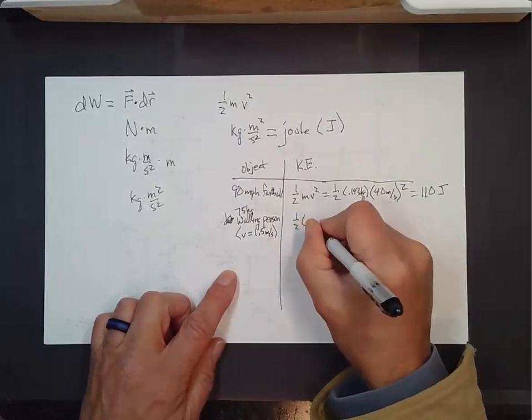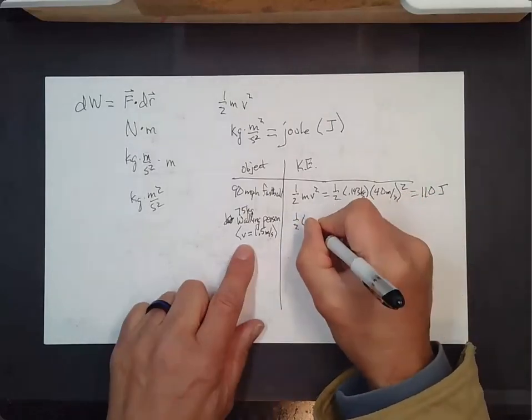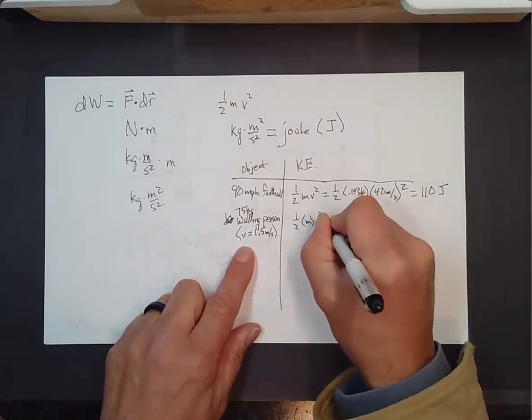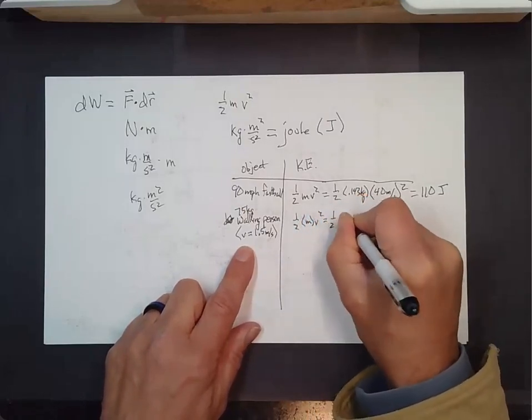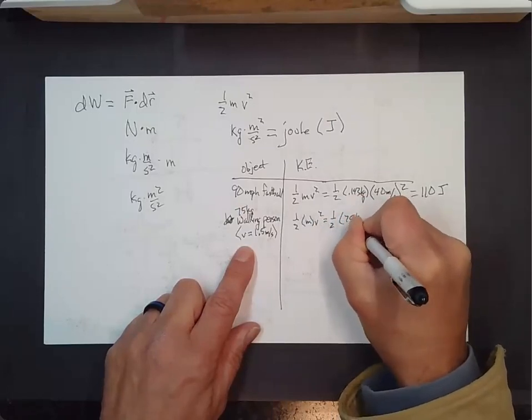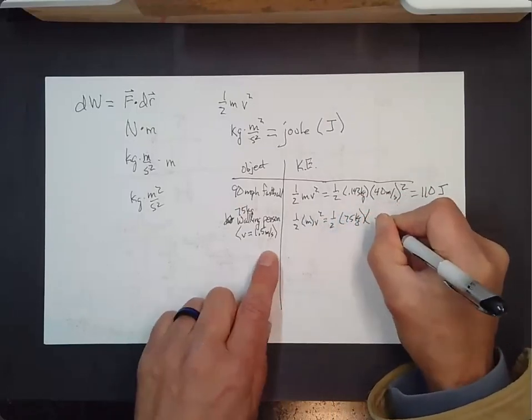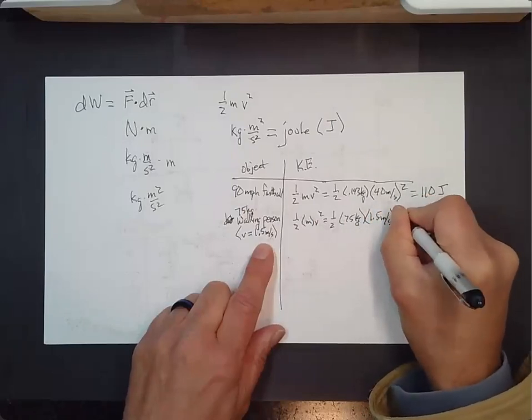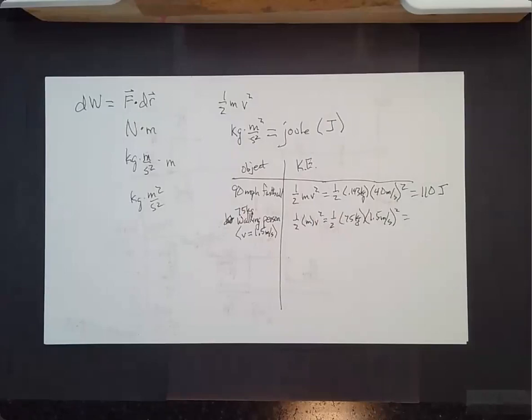One half times, it's still mv squared, using that every time. Well, I'll write it out. 75 kilograms times 1.5 meters per second squared, and see how it compares to the baseball.